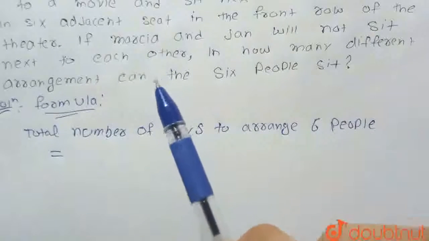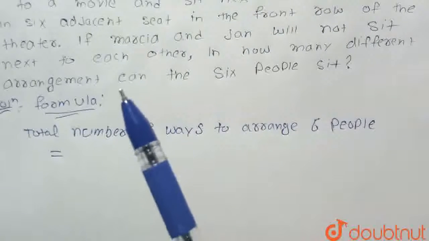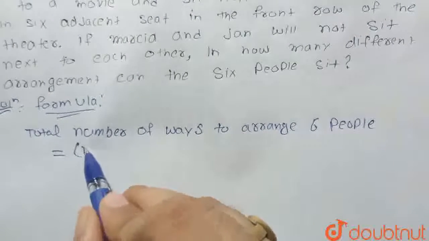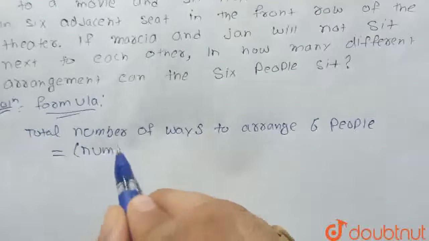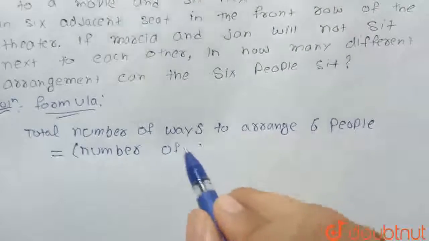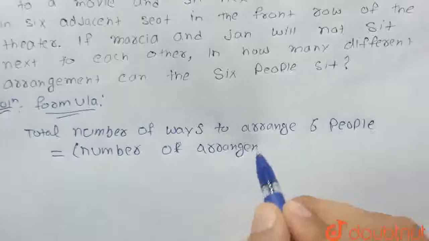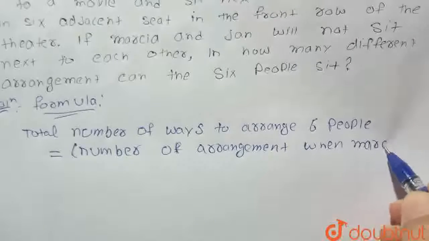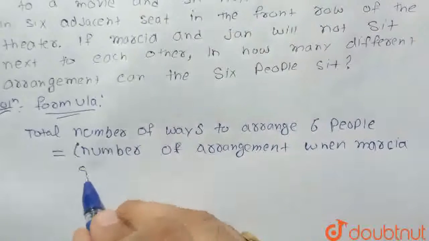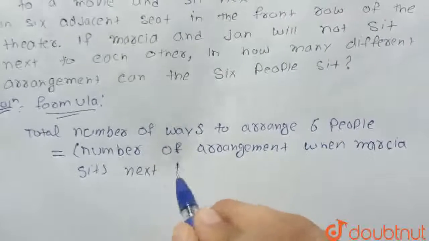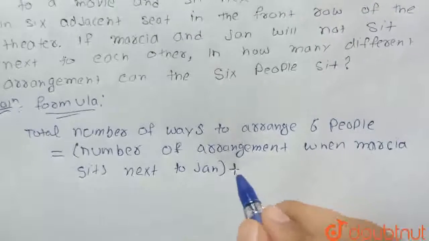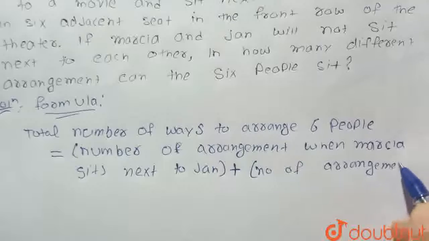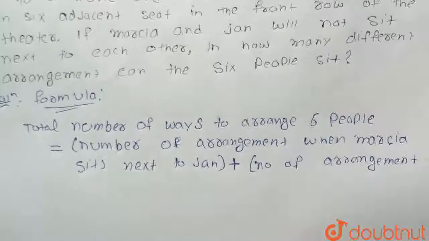So what we will do is, we just add the number of arrangements when Marcia sits next to Jan, and we will add the number of arrangements when Marcia does not sit next to Jan.